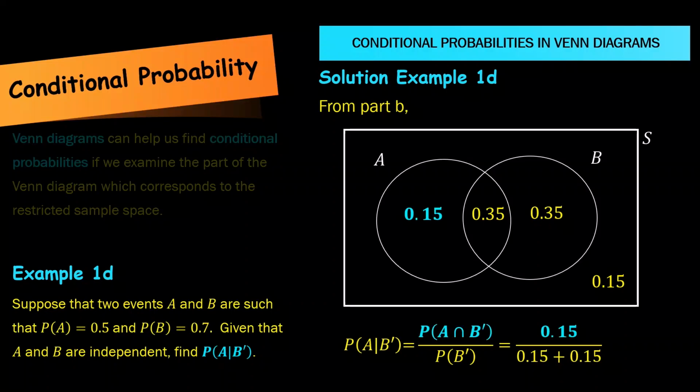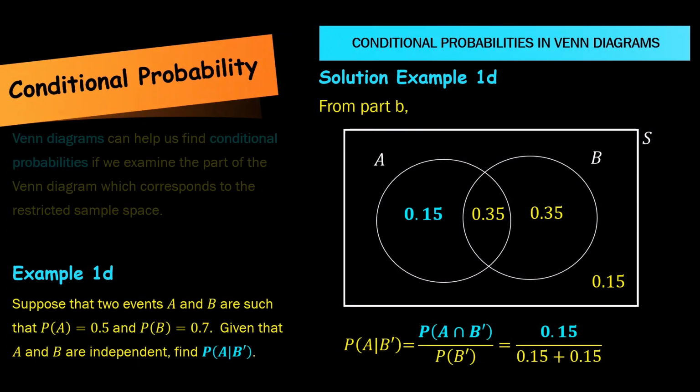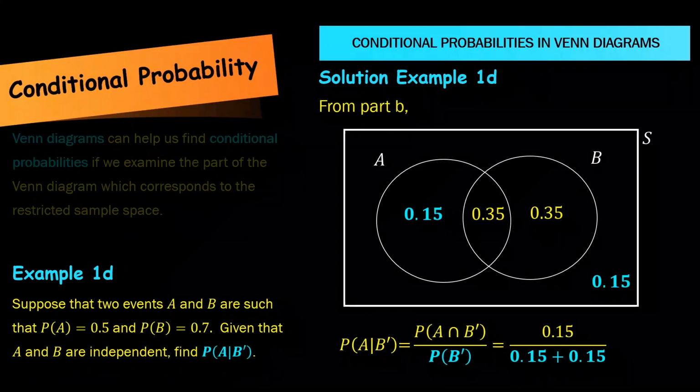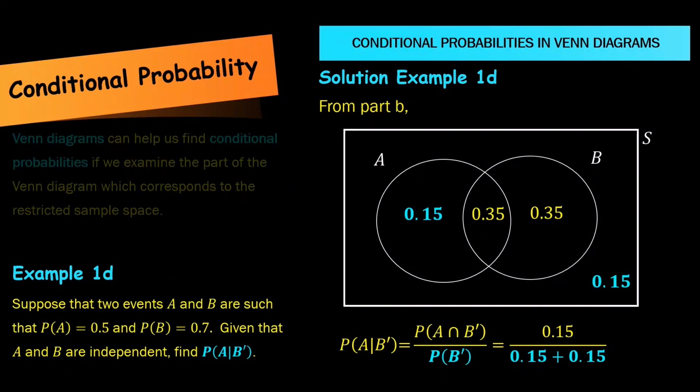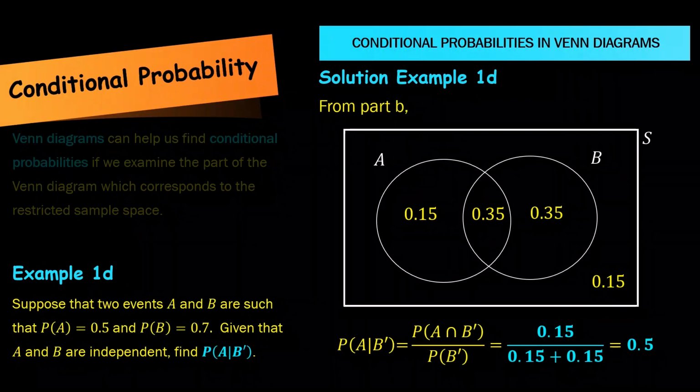And this equals 0.15 divided by, and the probability of B dash or not B is equal to 0.15 plus 0.15. And so we have that the probability of A given not B equals 0.5.